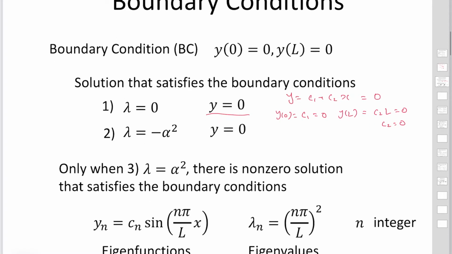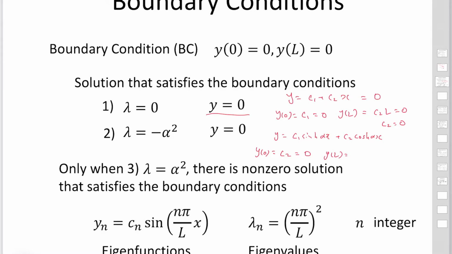Also, in the case of lambda equals minus alpha squared, you can make a similar calculation. y equals c sub 1 hyperbolic sine alpha x plus c sub 2 hyperbolic cosine alpha x. Then hyperbolic sine 0 is 0, and hyperbolic cosine 0 is 1, so c sub 2 is 0.